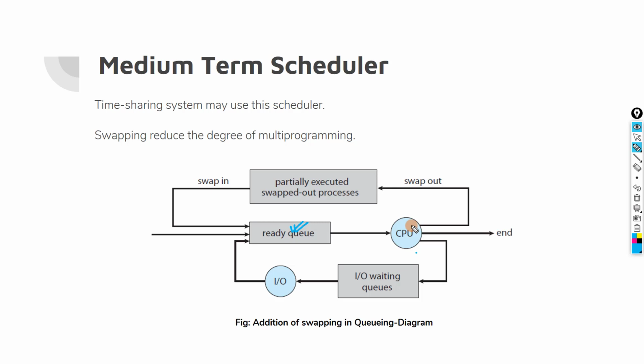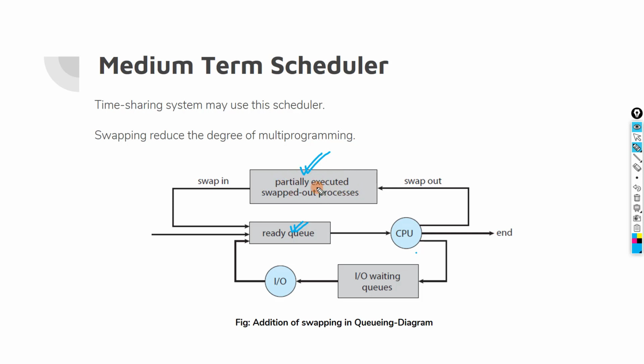Those processes are swapped out of the primary memory and sent back to the secondary memory, and in the secondary memory they create a queue.